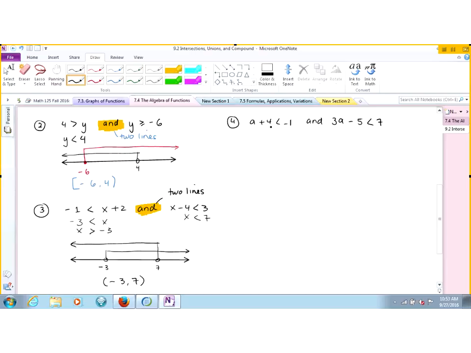Okay, let me give you one more. Number 5. X is greater than 2a minus 1 and negative 4 is less than or equal to negative 3a plus 2.